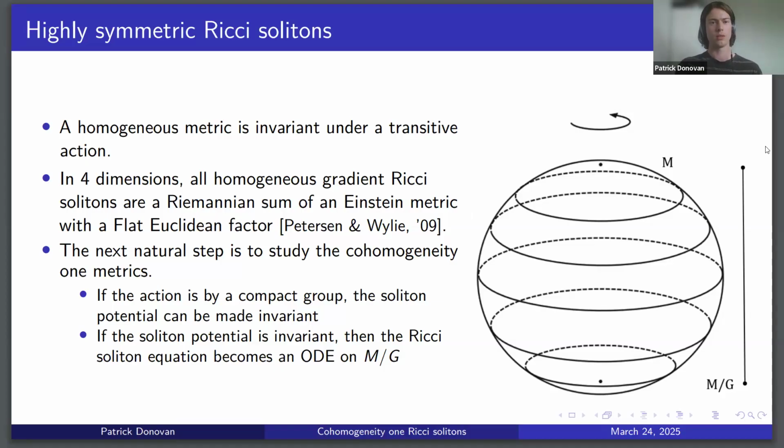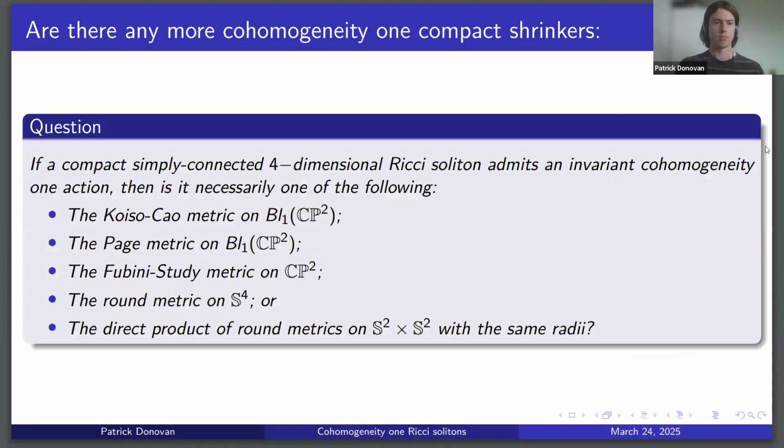So what is this ODE? Well, the first question is not that, but instead, if I want to classify these things, what are the actions? And are there any more of them? So the question first is, if I have a compact, simply connected 4-dimensional Ricci soliton, if it's cohomogeneity 1, what can it be?